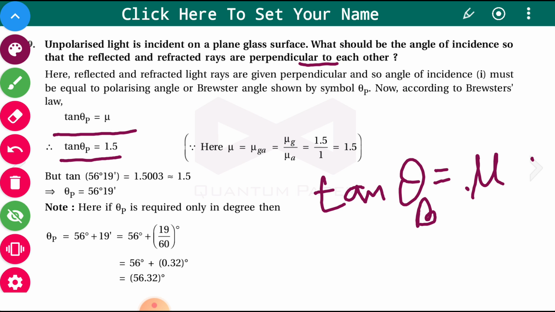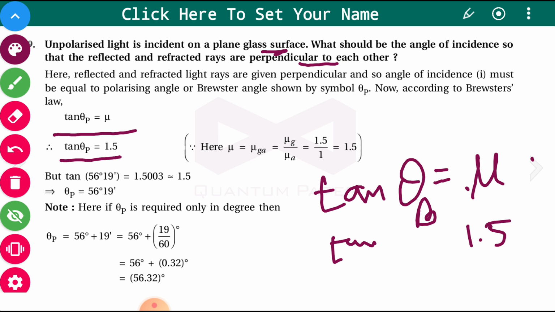Unpolarized light is incident on a plain glass surface. Try to understand, glass surface means the refractive index is 1.5.